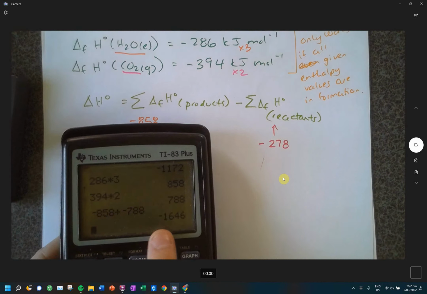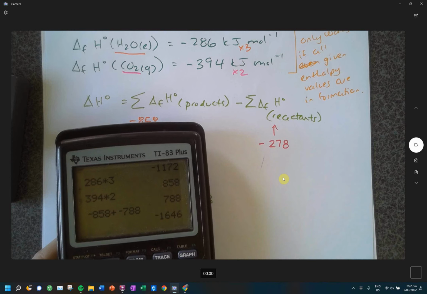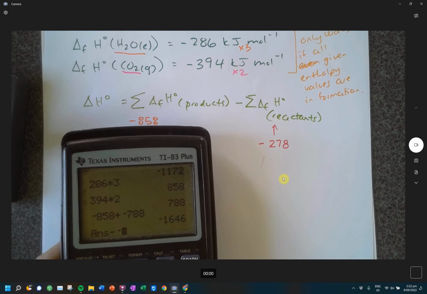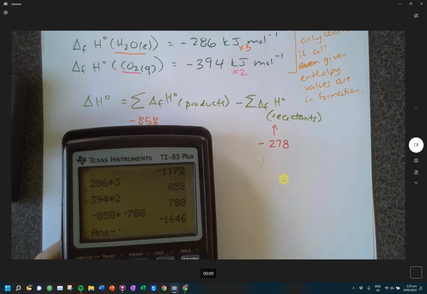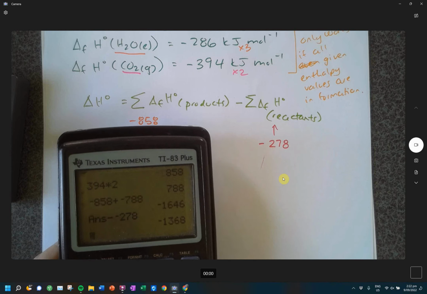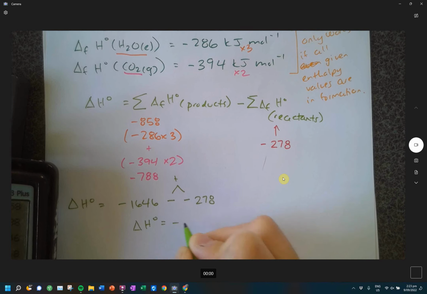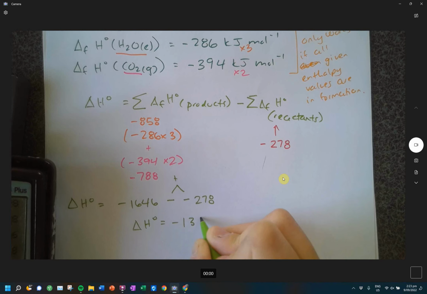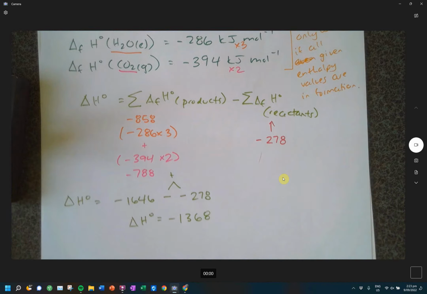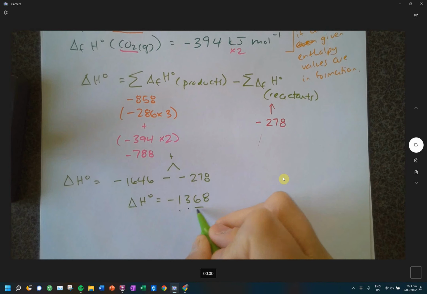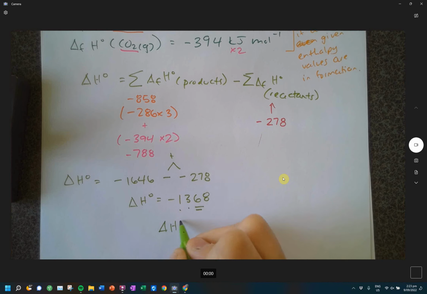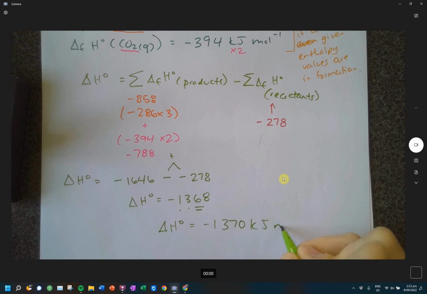So negative 1646. If you want, you can do minus and negative if you want to double check that you don't do things wrong, but it's basically going to add it. 278. And so we get my delta H is equal to negative 1368. And if we want to do 3 significant figures, 1, 2, 3, I look at that number, it tells me to round up. So my delta H should be negative 1370 kilojoules per mole.